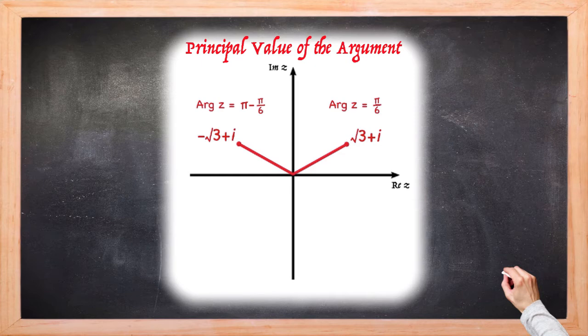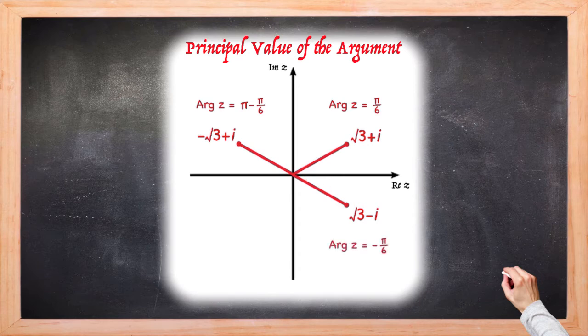Let's now move into the fourth quadrant. A related complex number would be root 3 minus i. And to get the argument of that, we would have to rotate in a negative direction by pi upon 6. And there we get the principal value of that complex number.